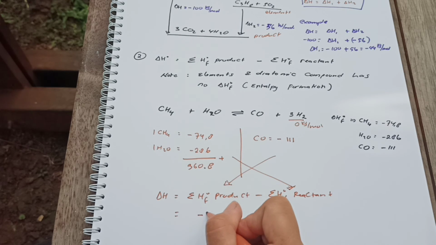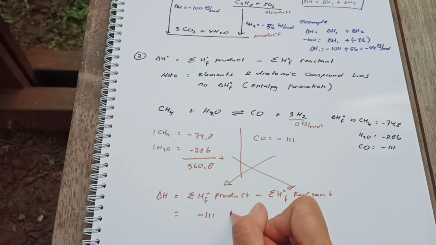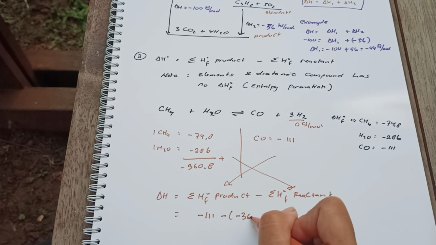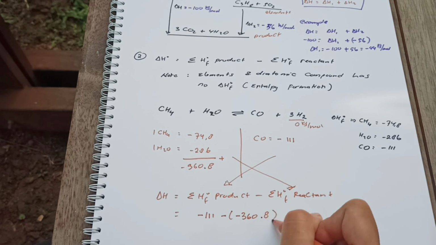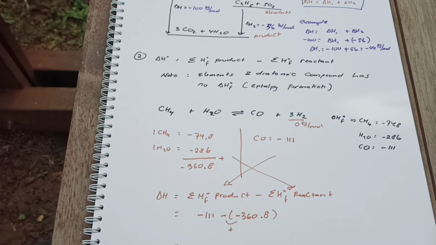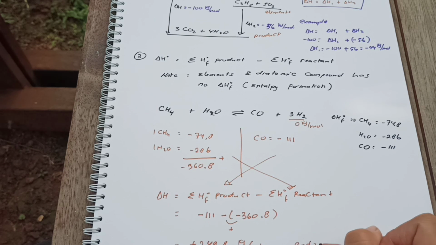So minus 111 minus minus 360.8. Remember, minus and minus will become plus. So you will have plus 249.8 kilojoule per mole. This is an endothermic reaction.